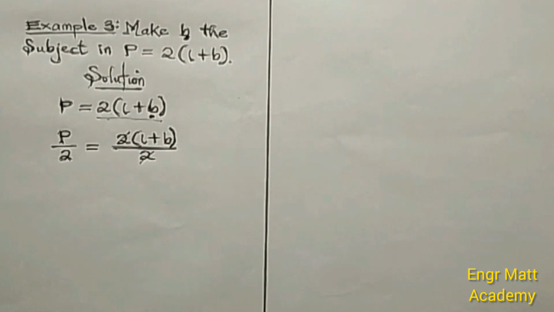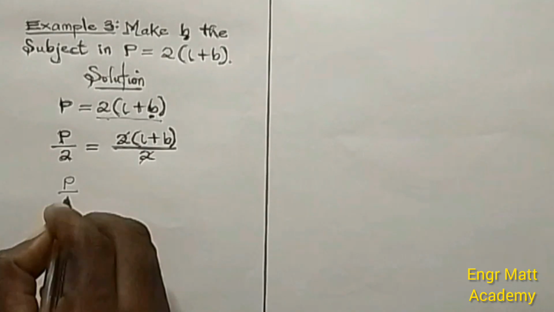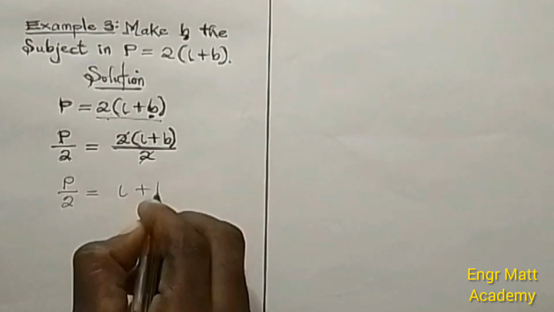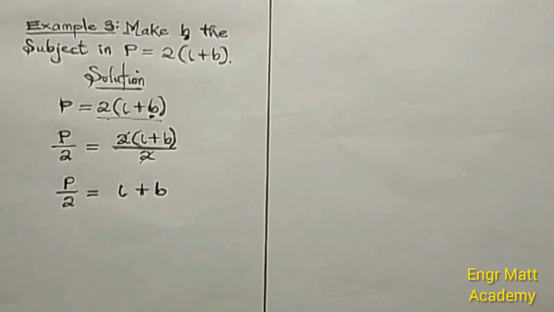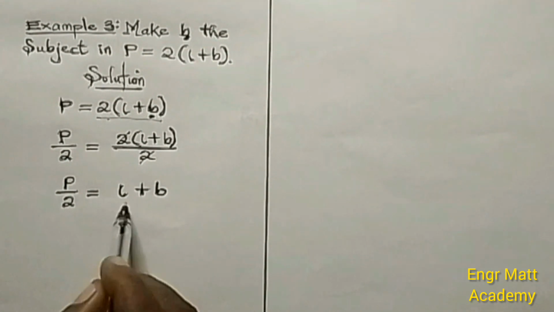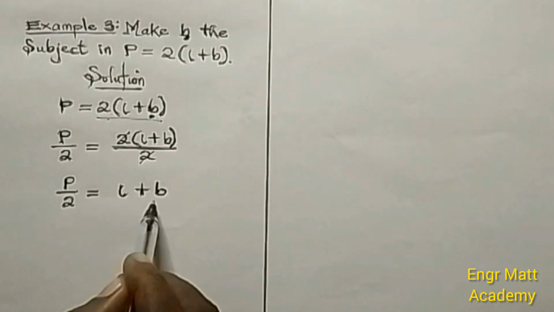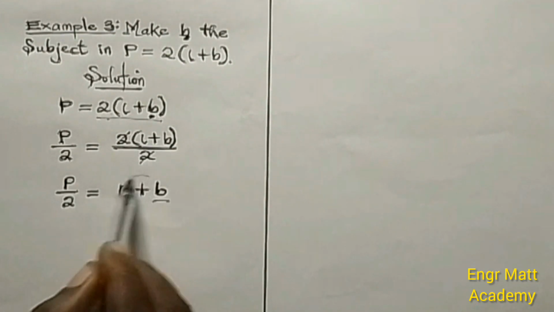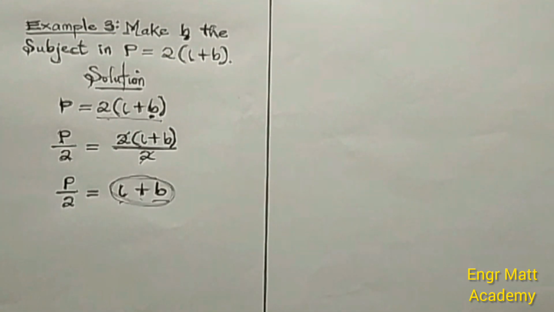We are now left with P over 2 is equal to L plus B. And the bracket is gone. So we still need to isolate B to make B the subject. And the operation here is addition. So we need to subtract L from B. To do that, we subtract L from both sides of the equation.